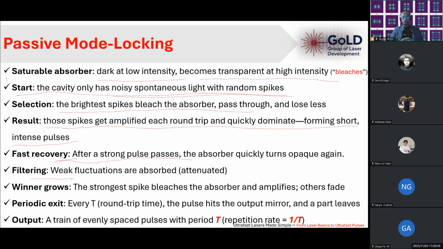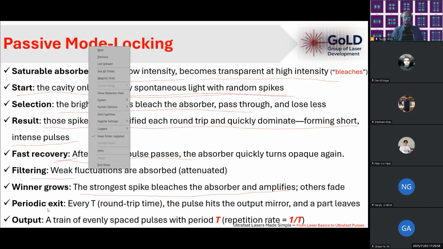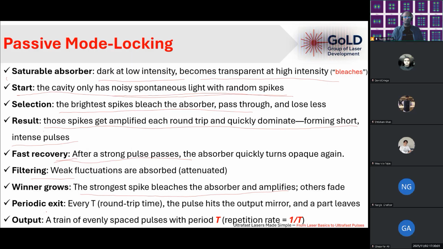The strongest one, the spike or the pulse, passes through the absorber, is amplified, and we get it at the output of the cavity. Others are absorbed or faded out. Next here, periodic exit.